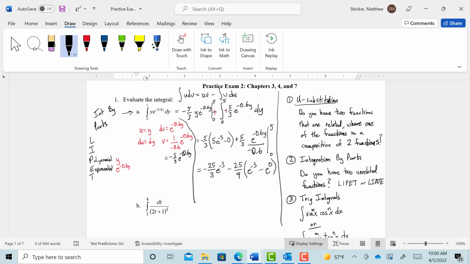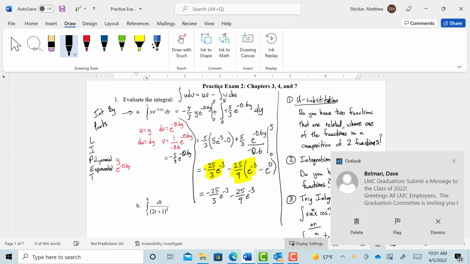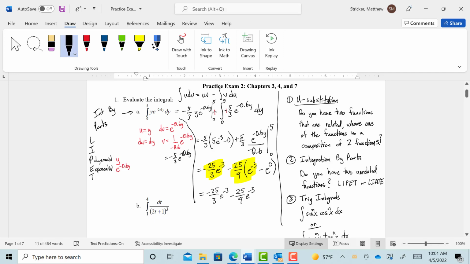And if you combine this, well, let's distribute first, actually. So we have minus 25 over 3 e to the minus 3, minus 25 over 9 e to the minus 3, plus 25 over 9.